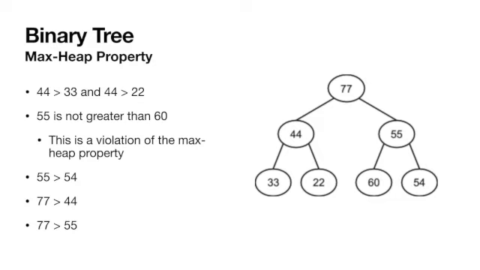But when we go to the right side, we see that 55, which is the second child of the root node, is not greater than 60, which is the left child of the 55 node. Obviously this is a violation of the max heap property and would need to be addressed if this was a true implementation.